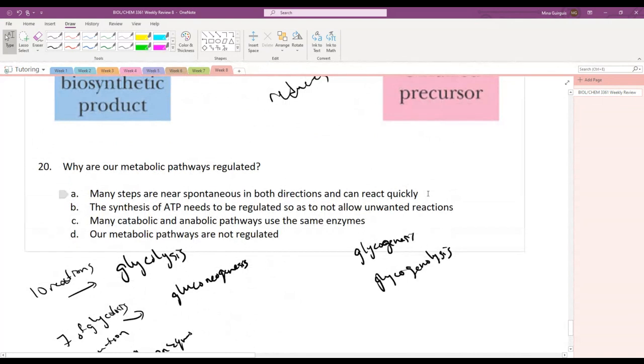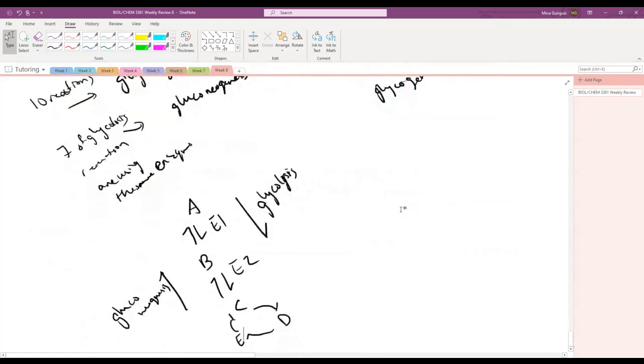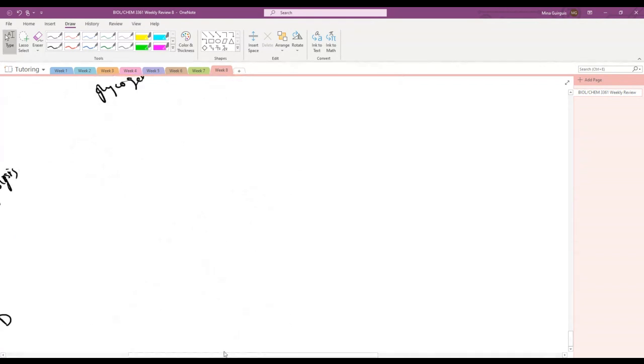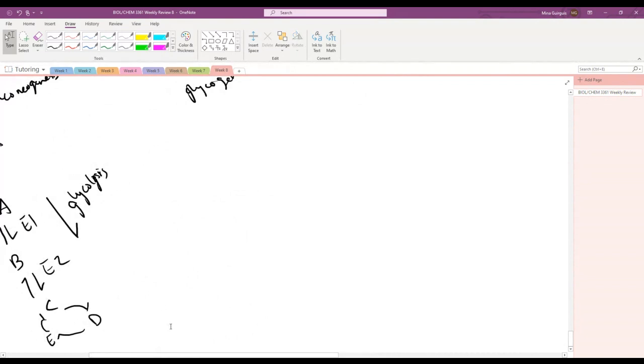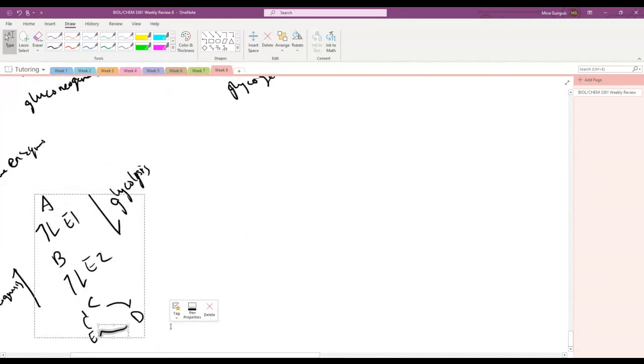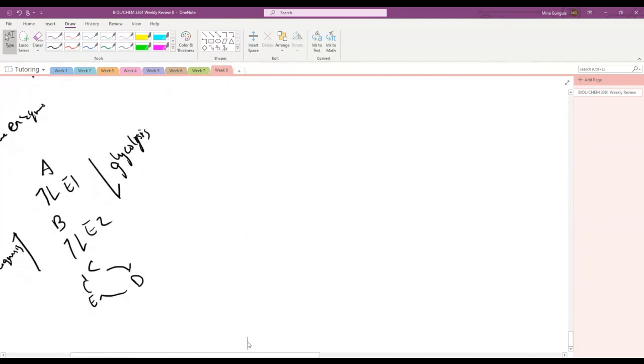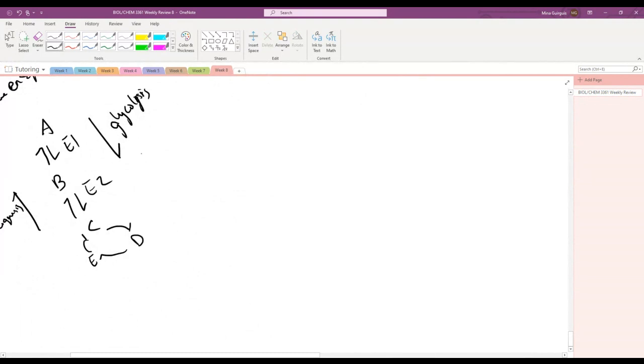And the reason that we have to regulate this so carefully is, for example, if I want glycolysis to happen, I think a more appropriate way to do this would be: the point of glycolysis is to get to, let's say, F. So F is the final product of glycolysis.